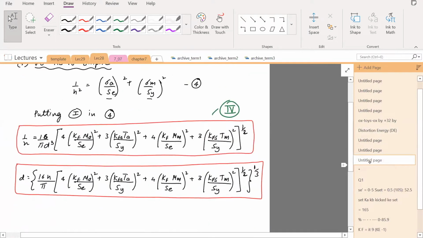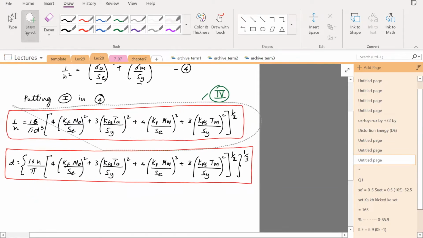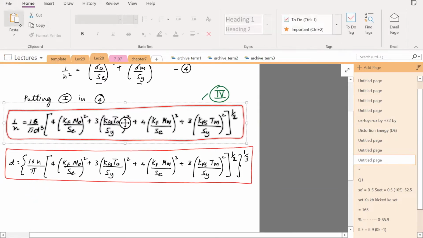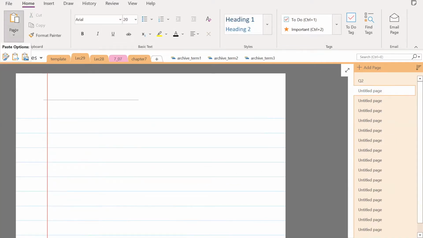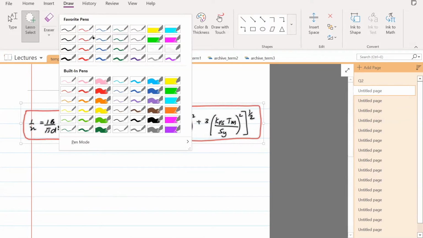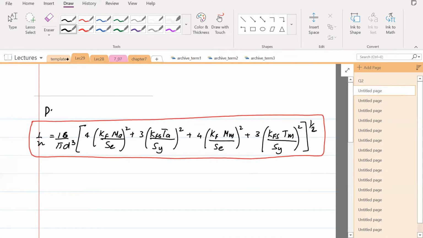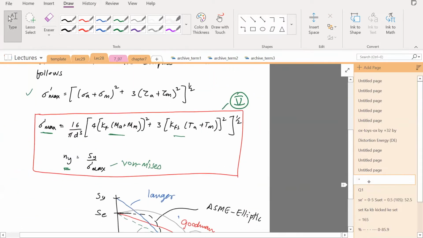This one. So factor of safety, so I need to get this one. Okay, and then the other one is the yield, this one.